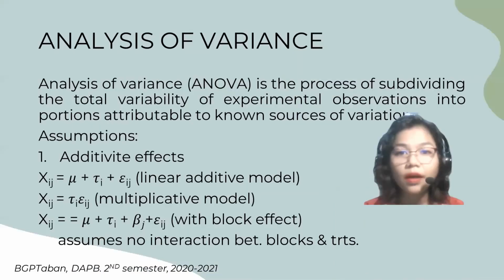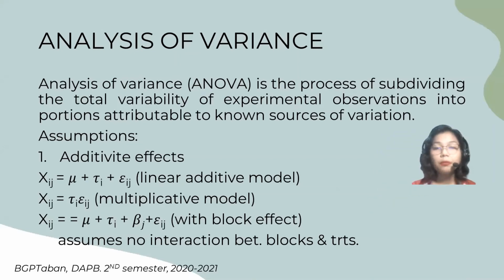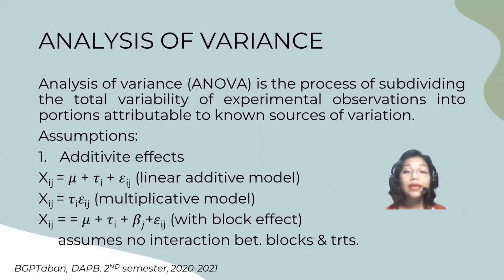So for ANOVA or analysis of variance, it is actually the process of subdividing the total variability or total differences of the experimental observations into portions attributable to known sources of variation. So this is one of the assumptions, additive effects.